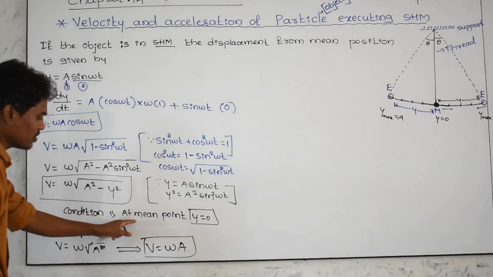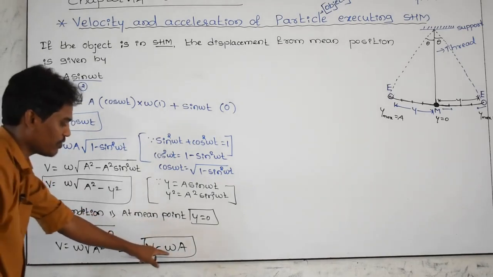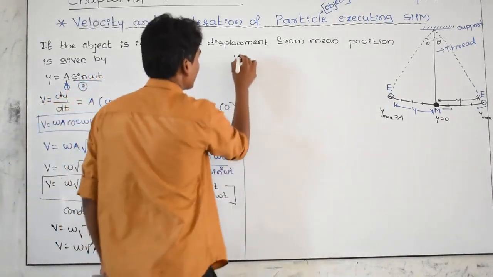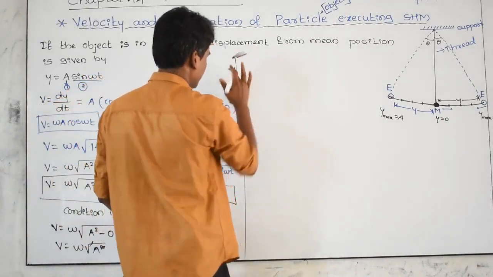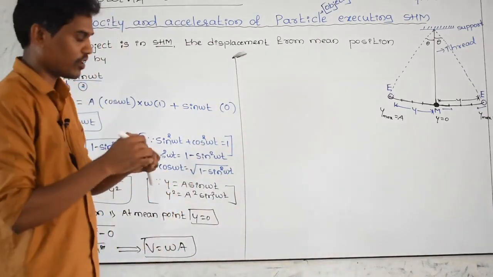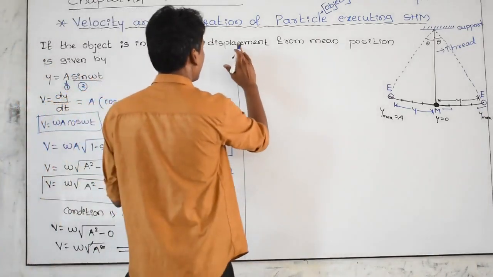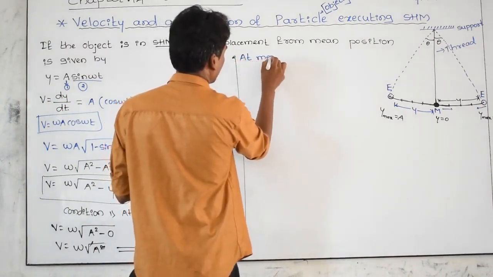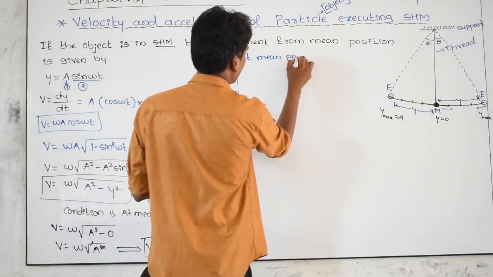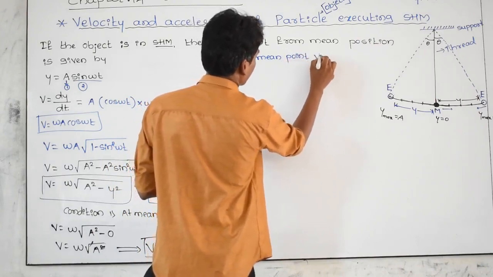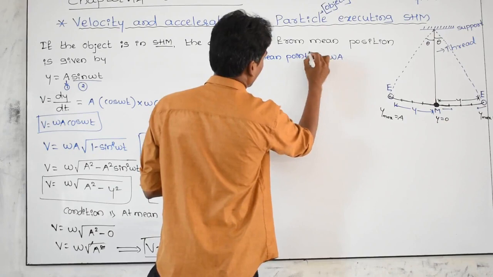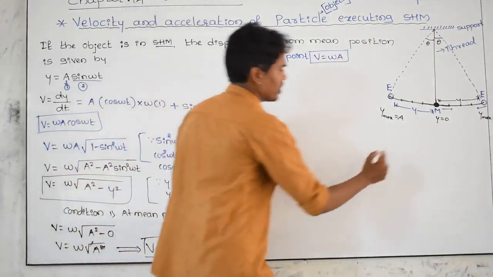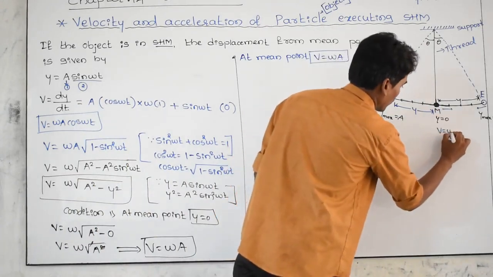At the mean point, what is the velocity? At the mean point, velocity is equal to omega into a. This does not become 0.